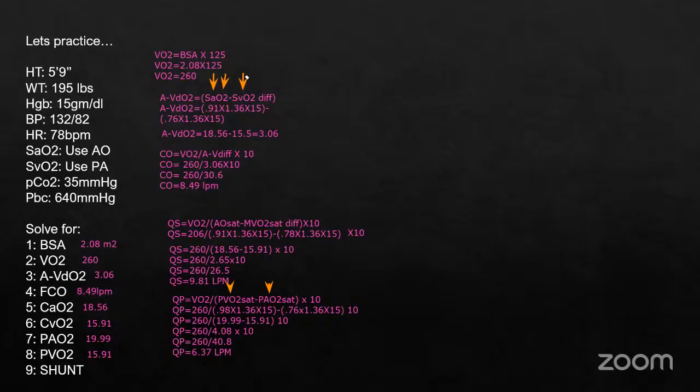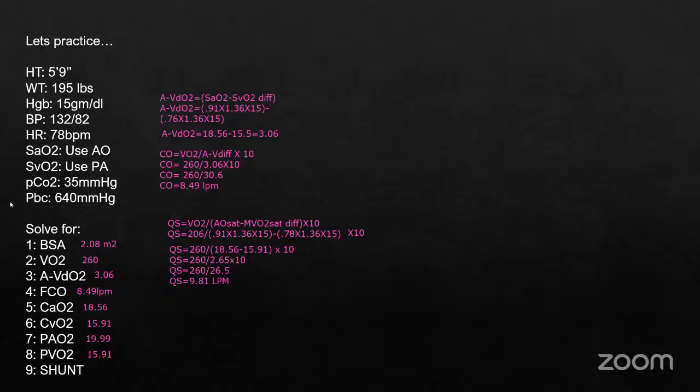Yeah, that makes sense. I had a question. For the last equation we did, the 0.76 times 1.36 times 15, I keep getting 15.5 and not 15.9. Let me see. 0.76 times 1.36 times 15 is 15.5.